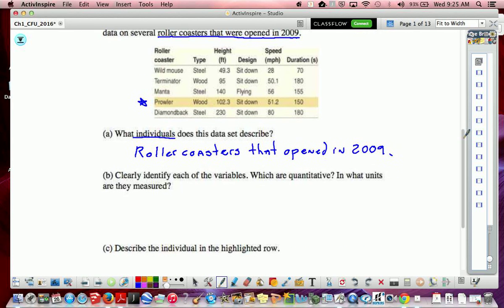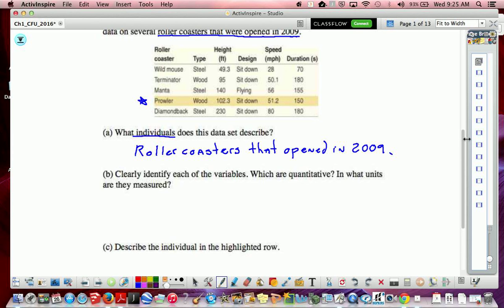Now, B says, clearly identify each of the variables. So each roller coaster, that's our individual, okay? And then you're also asked which are quantitative and what units are they measured in. So what I've done here is I'm going to classify them as categorical and quantitative.